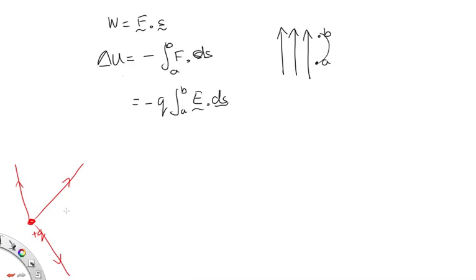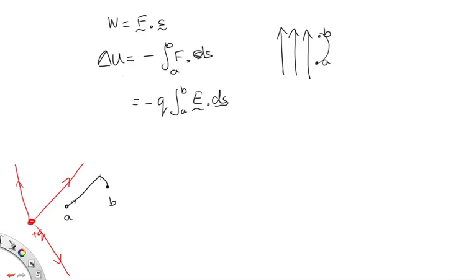And now let's have our point A and point B, and we'll consider a couple of different paths between A and B. Let's first of all consider a path which goes parallel to these field lines and then along an arc of a circle centered around this charge plus Q. So now you can see this part of the field line, E dot ds, is just going to be E times the path length, as the E and the ds are parallel.